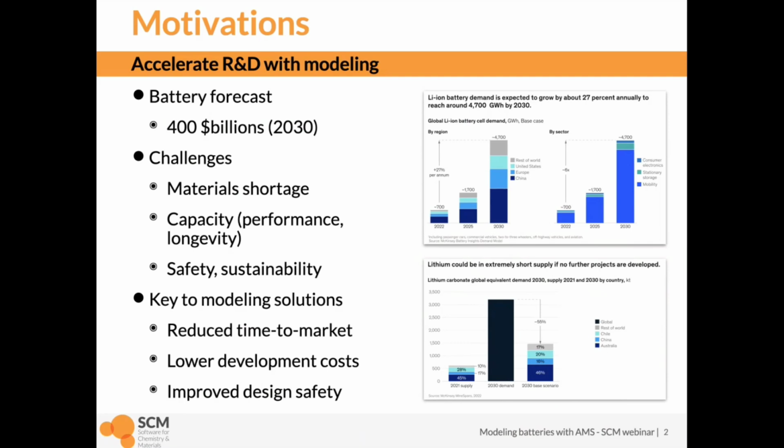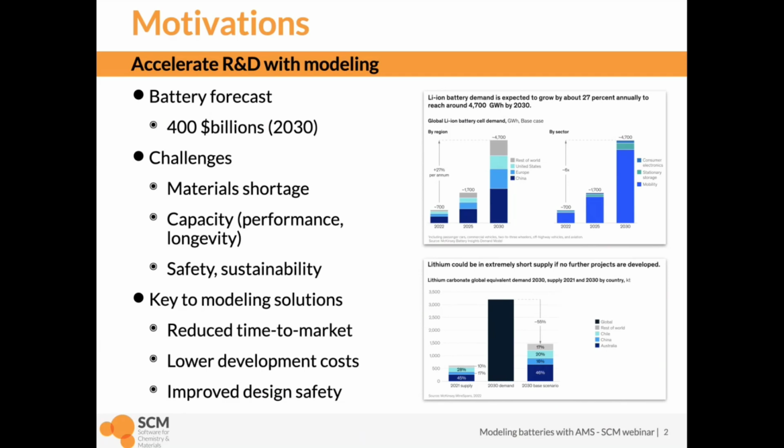So here I'm showing some prediction. The battery market, so the lithium ion demand, is expected to grow by about 30% in the next 5 years. And it's interesting because if you also look at the past prediction, they were basically underestimated.